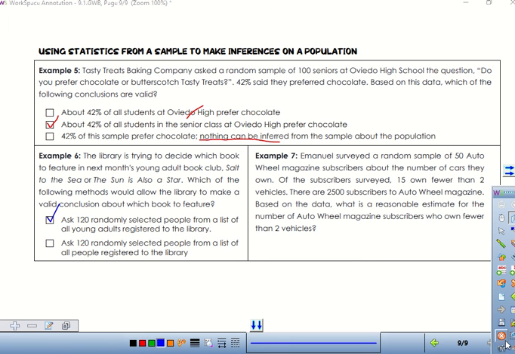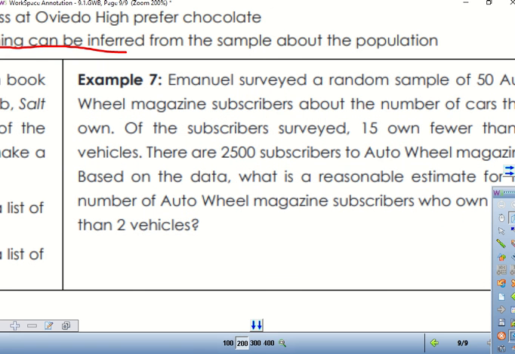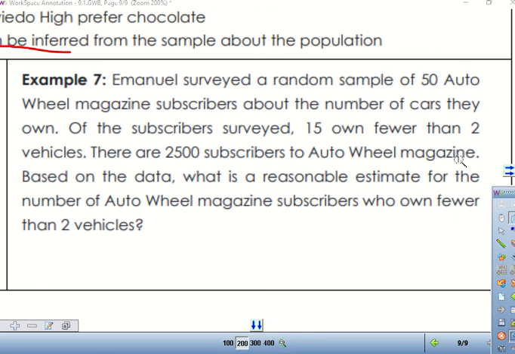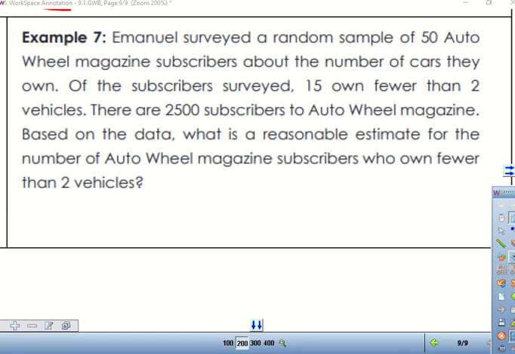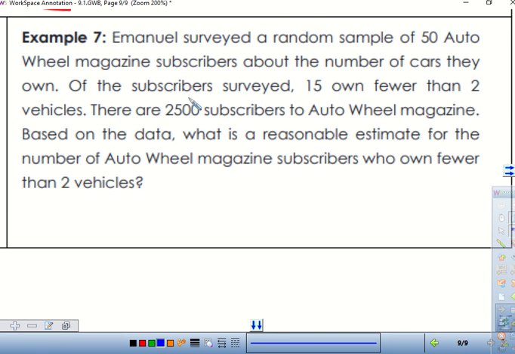So the last one, we're going to be using some probability knowledge here. Emmanuel surveyed a random sample of 50 Auto Wheel magazine subscribers about the number of cars they own. Of the subscribers surveyed, 15 owned fewer than 2 vehicles. There are 2,500 subscribers to the Auto Wheel magazine.